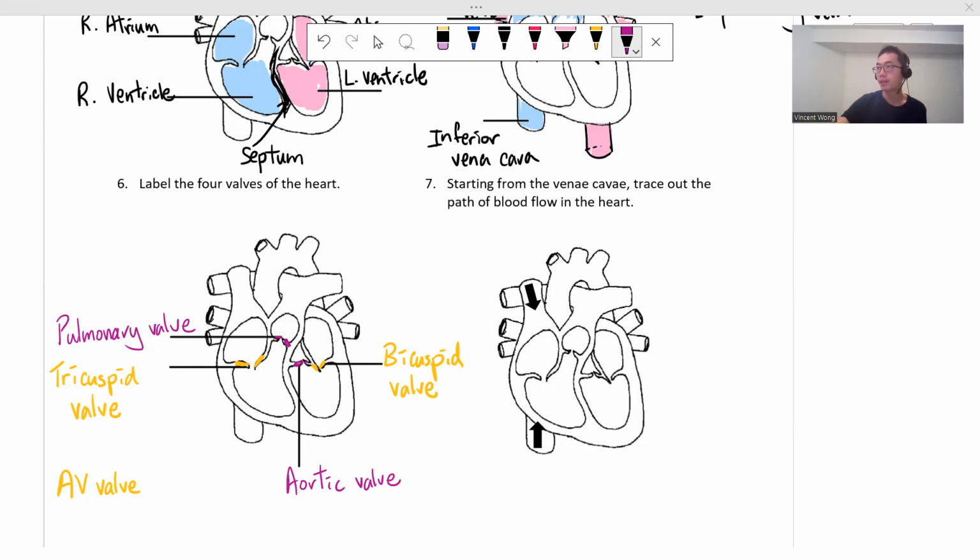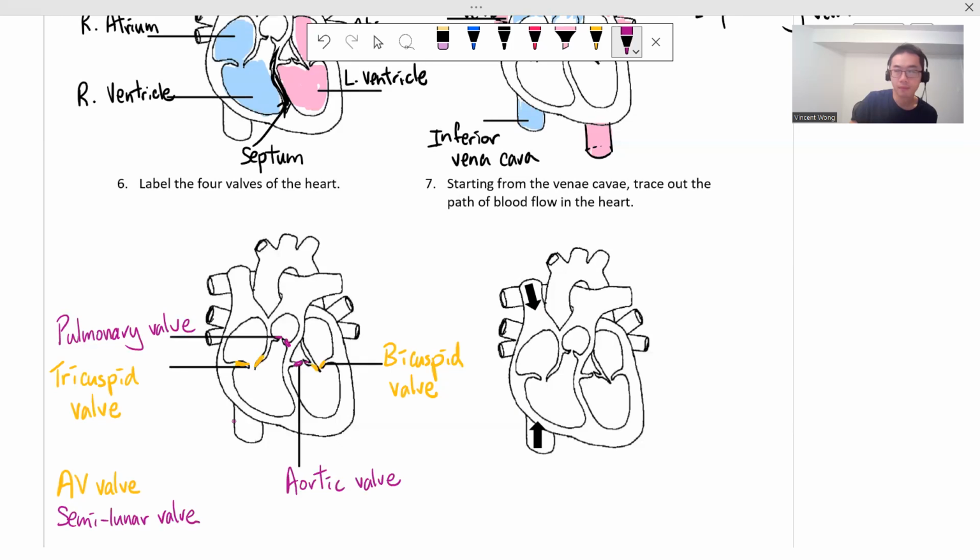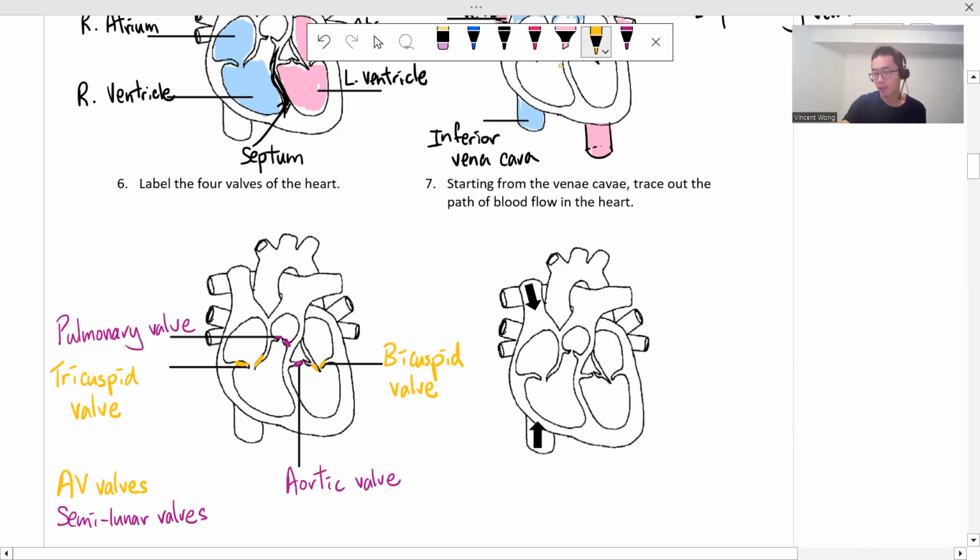Semilunar valves. The semilunar valves, that's right. Thank you. Remember, when the yellows are open, the purple ones are closed. But when it's time for the purple ones to open, the yellow ones will be closed. They operate in an out of phase manner.